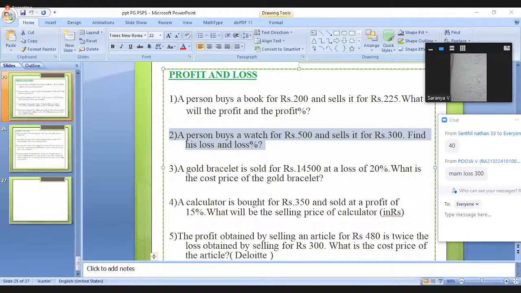If you post the right answer for this question, you understood this concept. What does the cost price of the gold bracelet mean? That is, how much percentage of that gold bracelet? Post your answers.